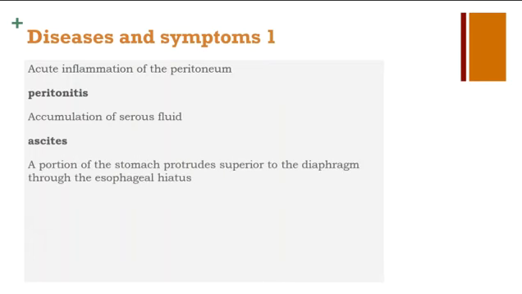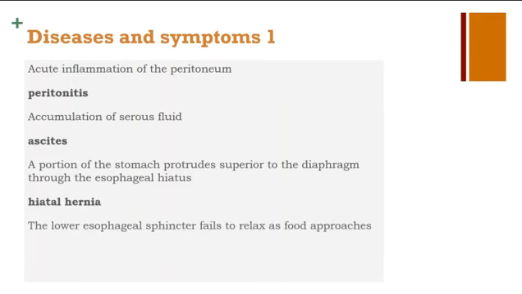A portion of the stomach protruding superior to the diaphragm through the esophageal hiatus is called hiatal hernia. When the lower esophageal sphincter fails to relax as food approaches, it's called achalasia.